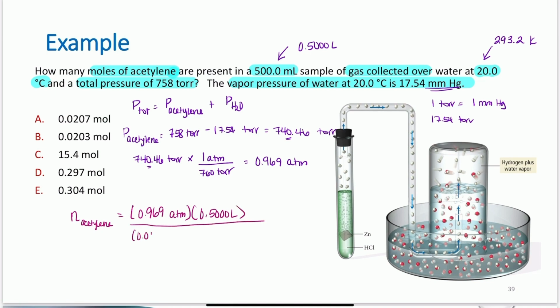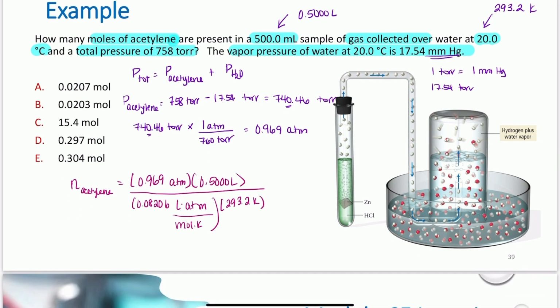Gas constant, 0.08206 liter atmosphere per mole K. And your temperature, 293.2 K. This equals out to 0.0203 moles of acetylene. So how many moles can I produce? I can produce 0.0203 moles of acetylene. That is the end of the section on Dalton's law of partial pressures.